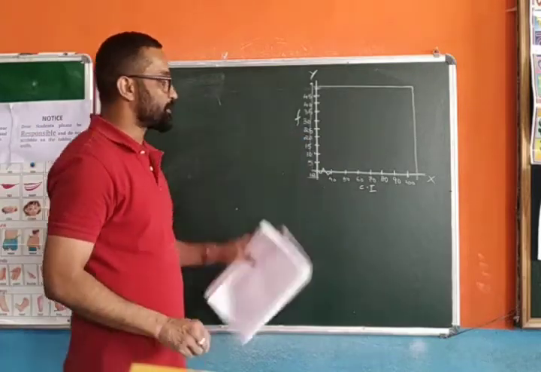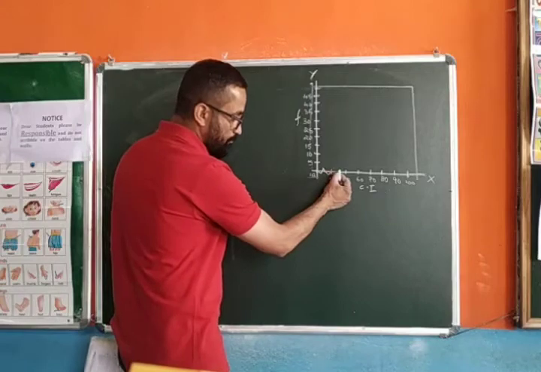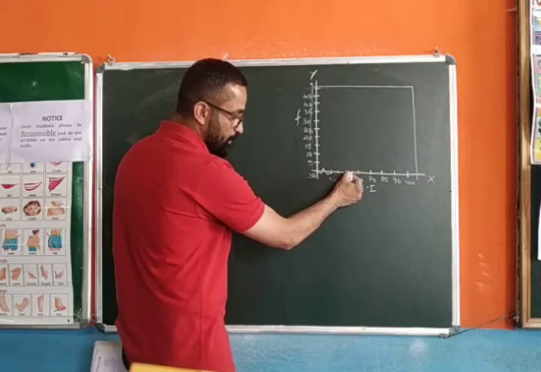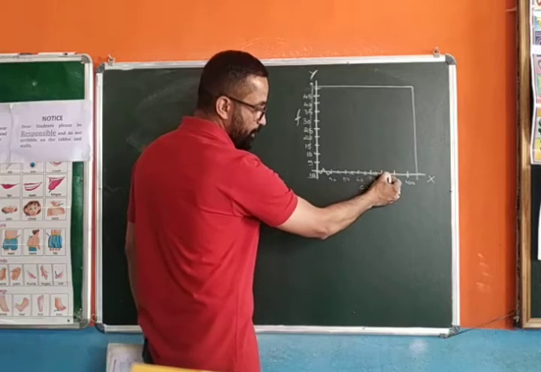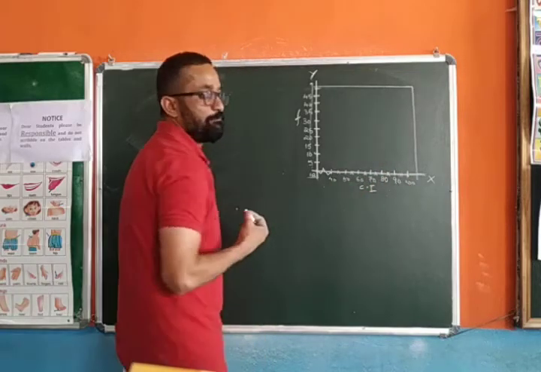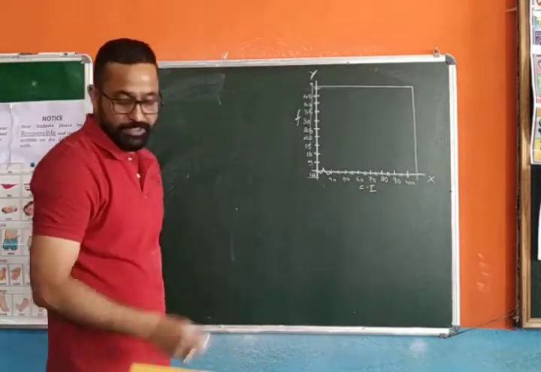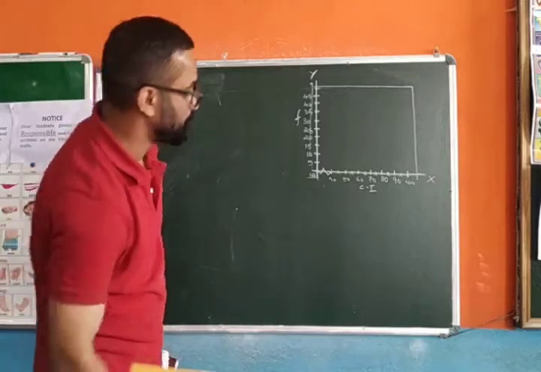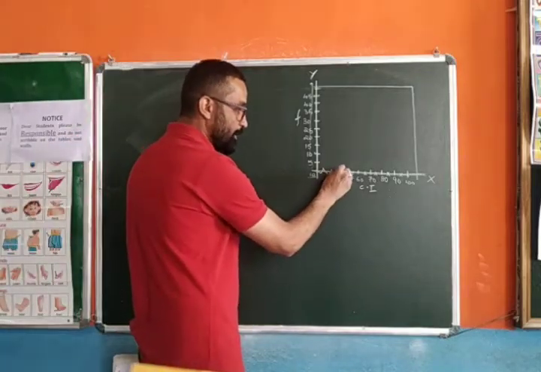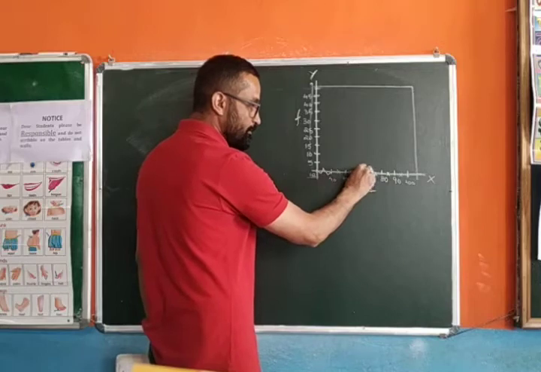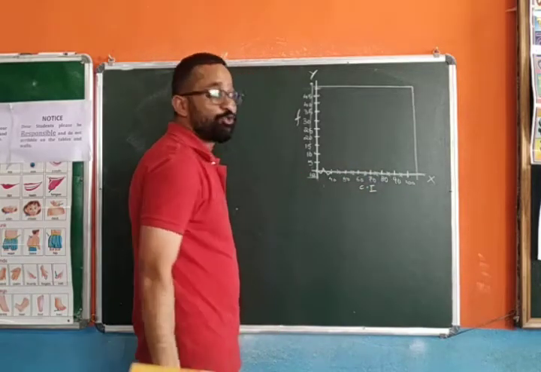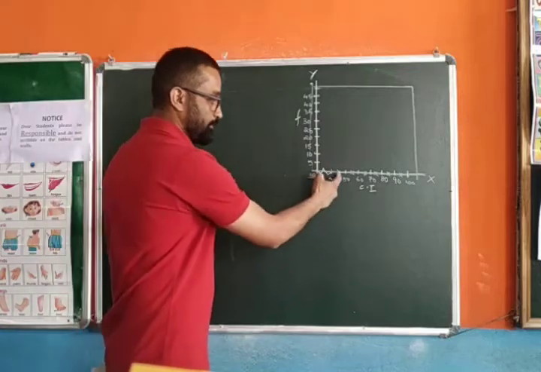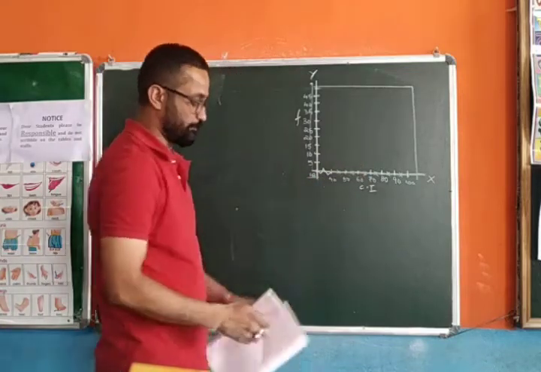After marking the scale, you need to mark the midpoint of class interval. With pencil you mark it here. Midpoint. And once you mark the midpoint of the class interval, the values you need to plot along these markings.